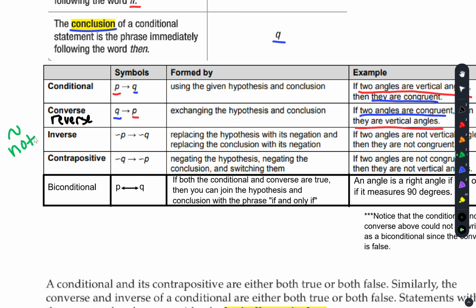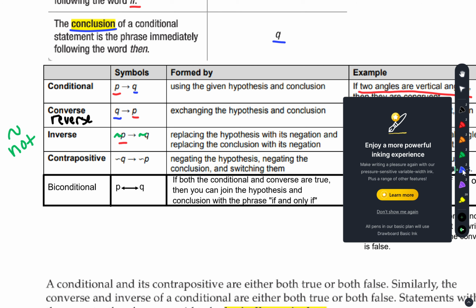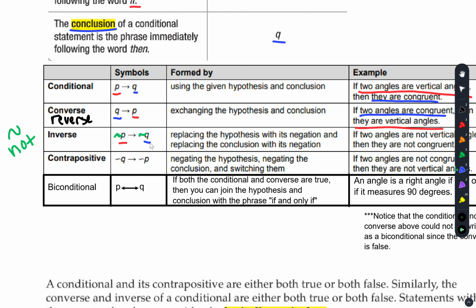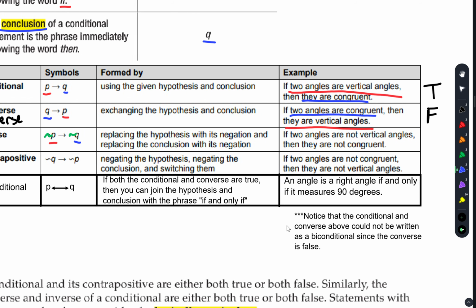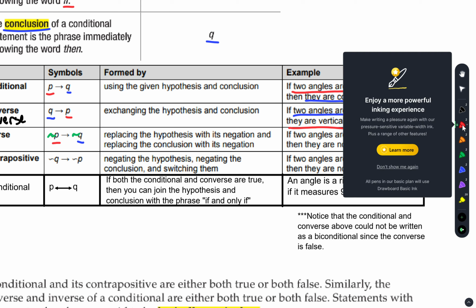And if I just take my original conditional, P then Q, and I negate both of them, so I have not P implies not Q, then I get what is called the inverse. All the inverse is doing is replacing the hypothesis with a negative hypothesis, replacing the conclusion with a negative conclusion.